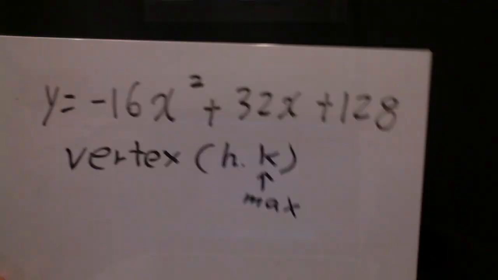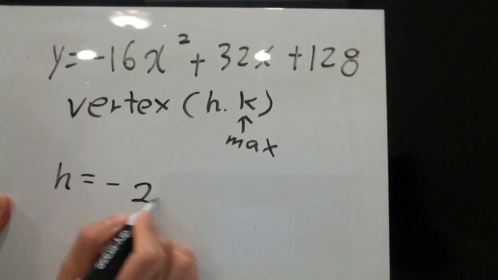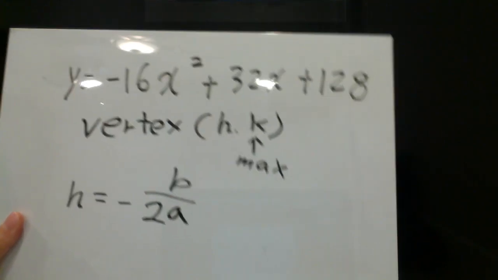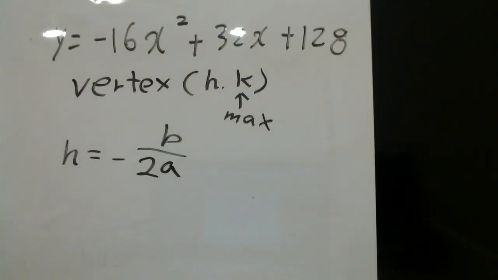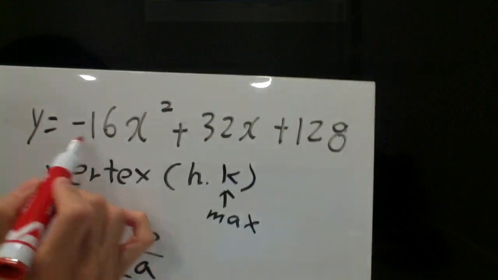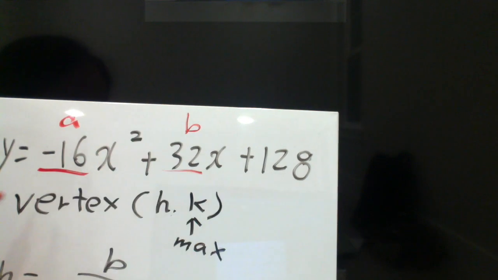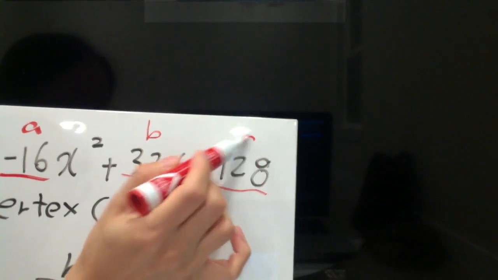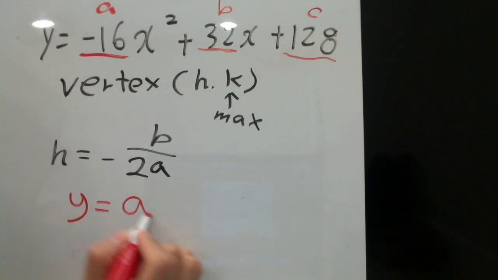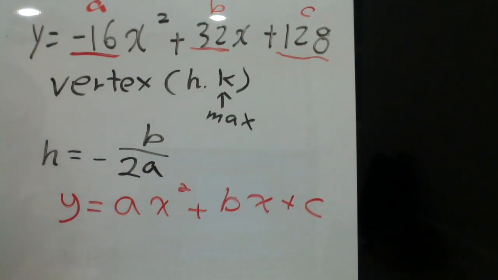Okay. So let's see. H is negative B over 2A. So let's find the ABC from the equation. So if you see here, A is negative 16, B is 32, C is 128. So I'm just following this. Y is ax squared plus bx plus c, right?